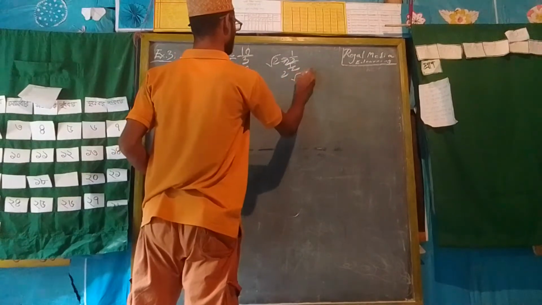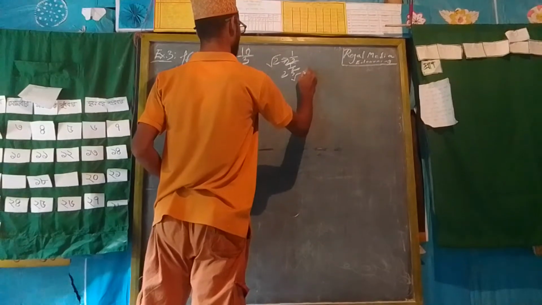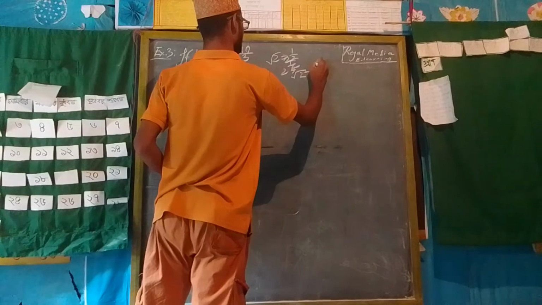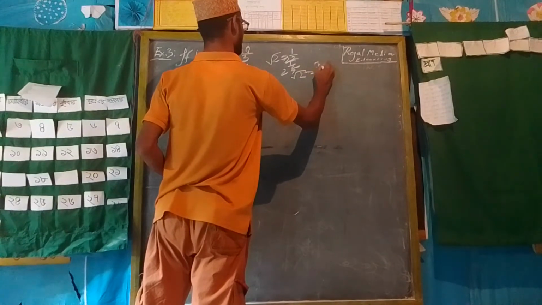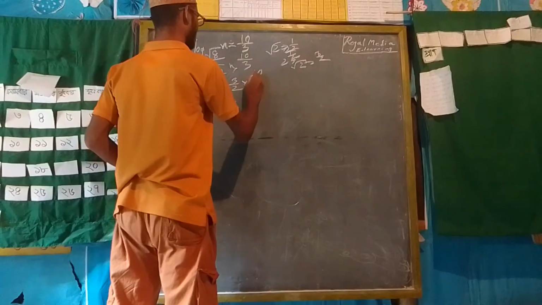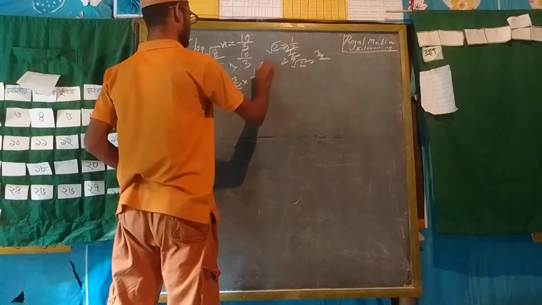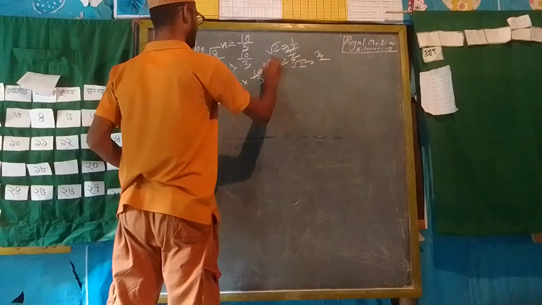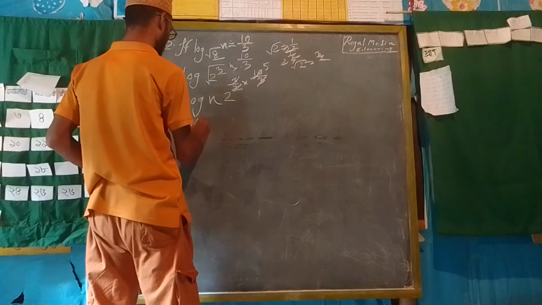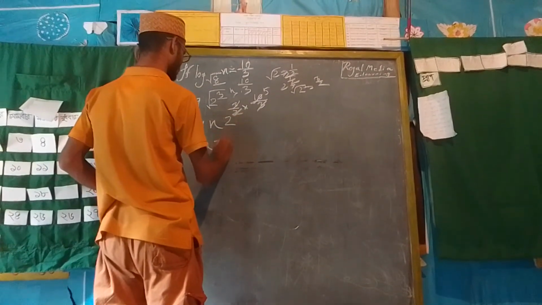That means root 2 cube equals 3 by 2 into 10 by 3 from the given question. Now 10 divided by 2 is 5, and 3 deduct 3. That means log x equals 2 root 5 left.